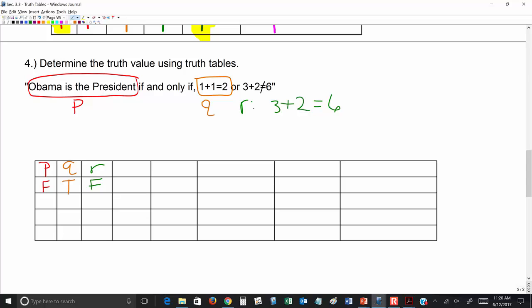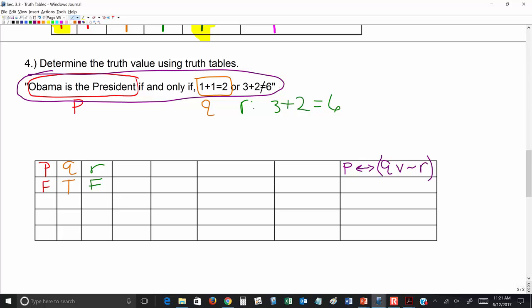All right, and then I also need to determine how to write out the entire statement using symbols. So that would be P if and only if Q, and, whoops, not and, that's or, not R. And I would put parentheses around the Q or not R portion.